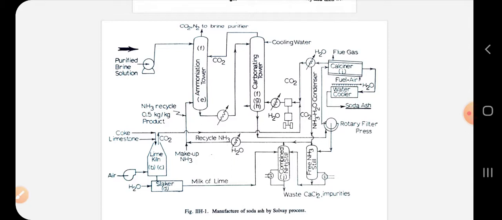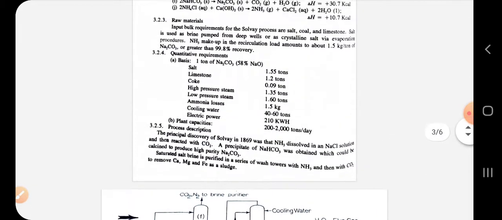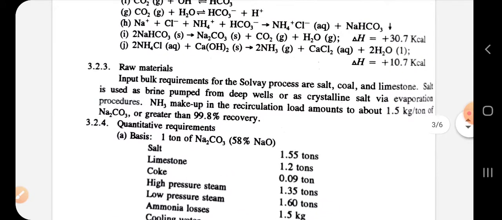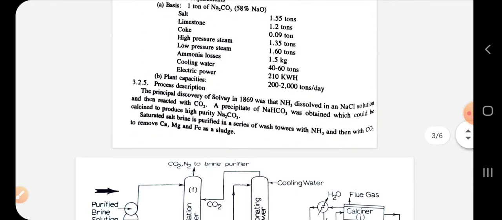So we can see along with these raw materials salt, coal and limestone, we also use salt in the form of brine. Salt is used as brine pumped from deep wells, that we use as salt raw material.